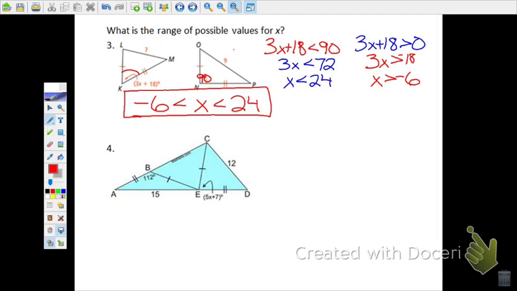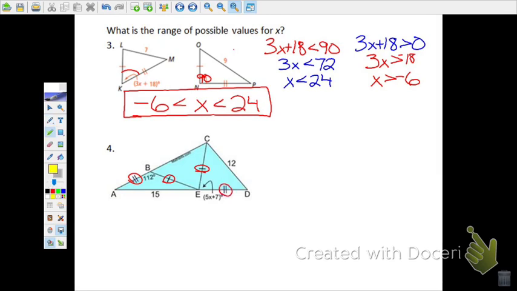Number 4 looks a little confusing just because we've got this great big triangle on the outside. We see 3 triangles on the inside. But again, if I focus in on those sides that are marked, I have one pair of corresponding sides that are congruent. I have a second pair.